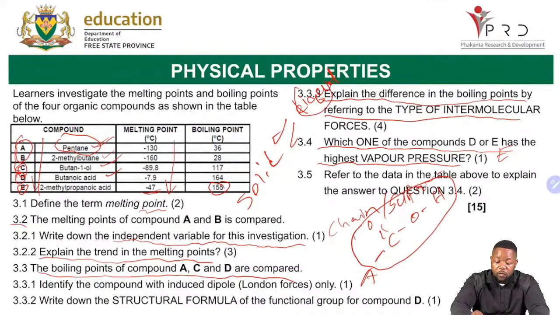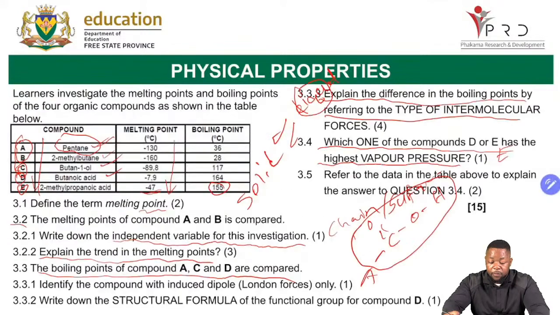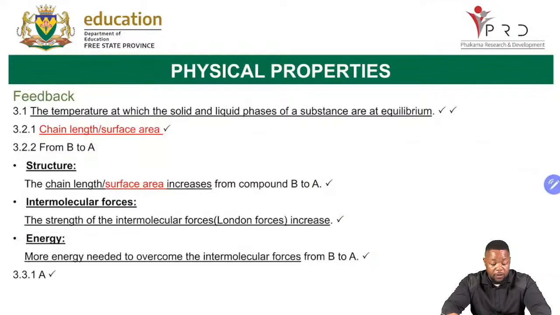Now, I want us to look at the answer to 3.3.3 in the typed up answers. So 3.3.3 says, explain the difference in boiling points by referring to the type of intermolecular forces.